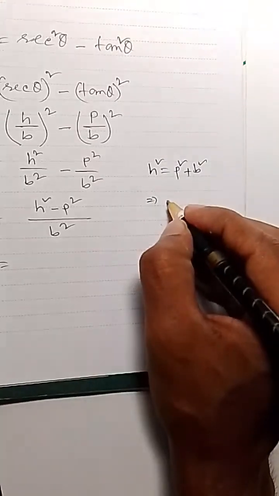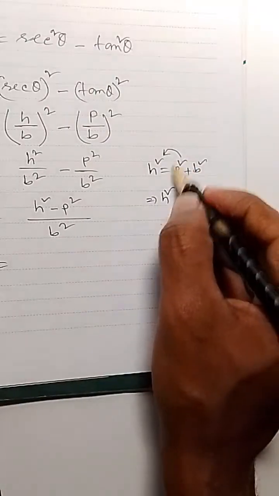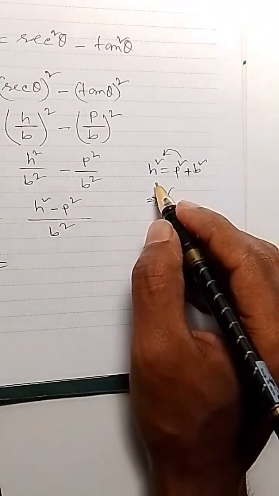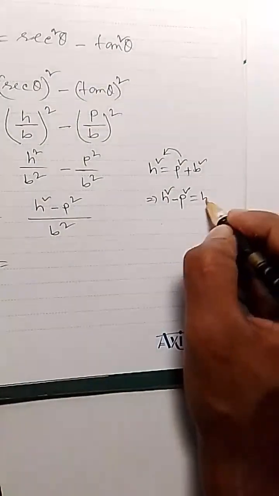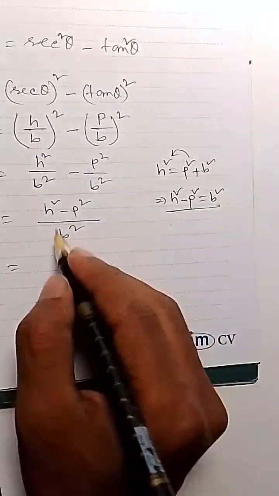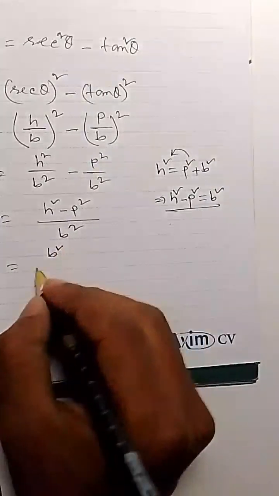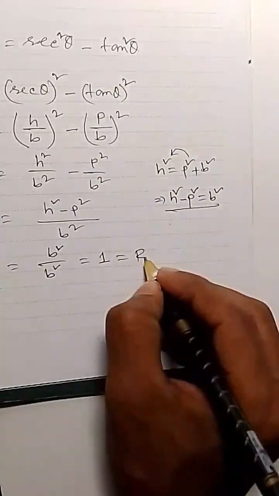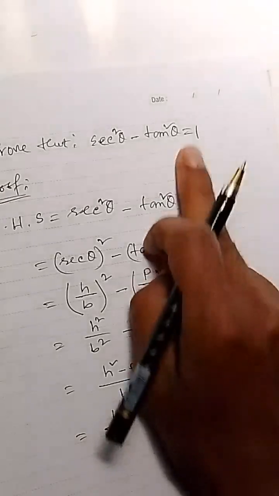So we can say that this p comes on the left side, so then it gets minus, so h square minus p square is equal to b square, right? So this b square divided by b square is equal to 1, and that is the right hand side. Okay, this one.